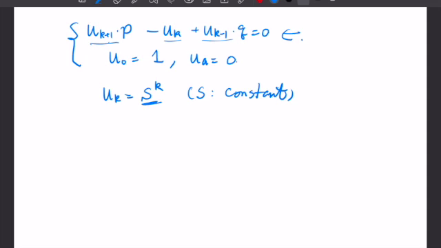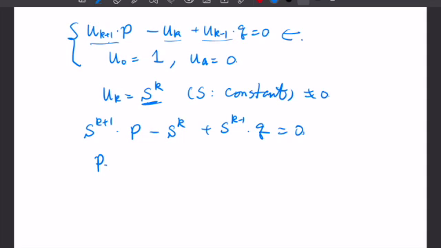That will be s^{k+1} times p minus s^k plus s^{k-1} times q equal to 0. And of course we're assuming that s is not equal to 0. So we can divide everything by s^{k-1}.